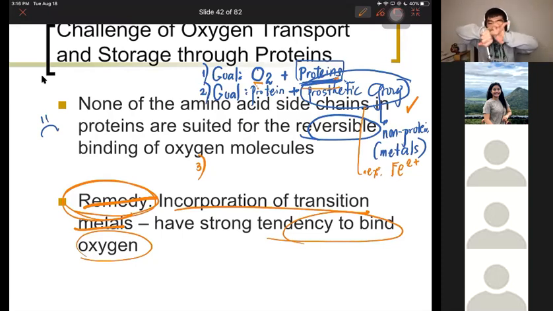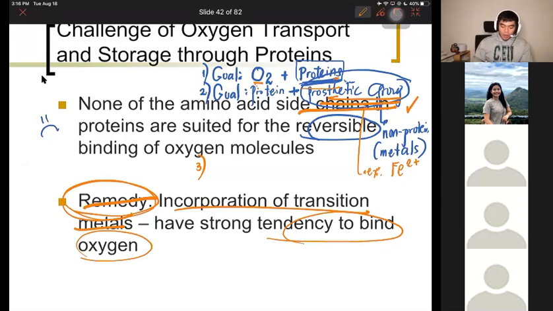Anong tawag sa kasama ng protein na hindi naman protein pero doon didikit ang oxygen? Prosthetic group. Ano ang mga members ng prosthetic group? Mga transition metals. Ang pinaka-common, anong ion? Ferric o ferrous? Ferrous.